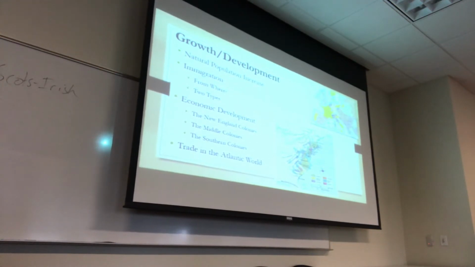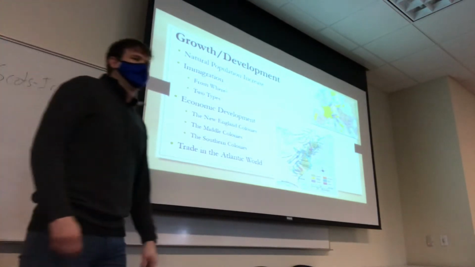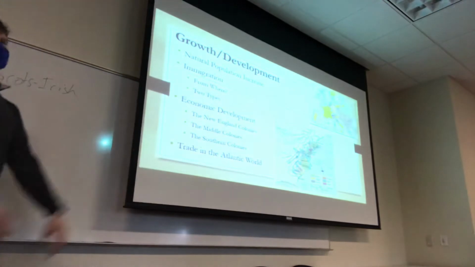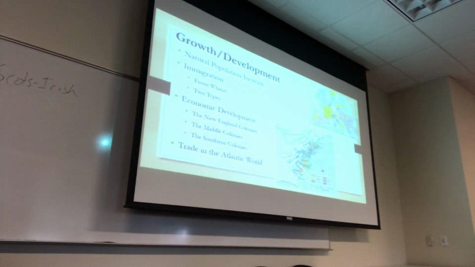Each of these colonies in these 3 regions will have something that they export out into the Atlantic world market, and we'll look individually at each region and see what are those goods.